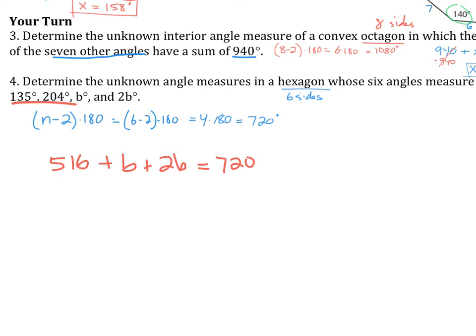So these were all of the 4 angles that I knew, and then B and 2B were my last 2 from up here in the problem. Okay. So we have 516 plus B plus 2B, well that's 516 plus 3B equals 720.